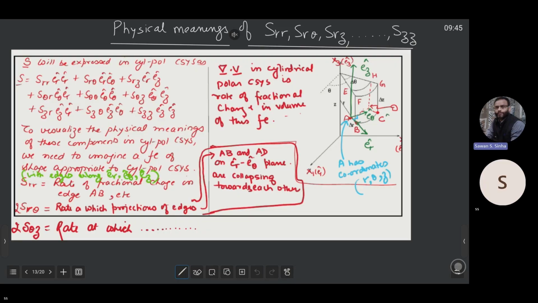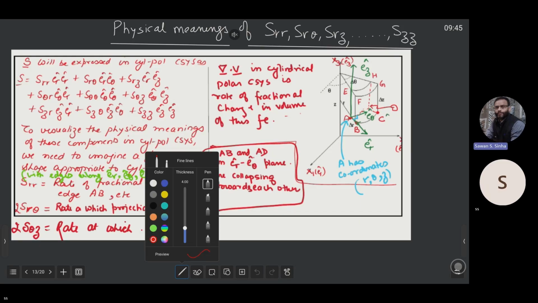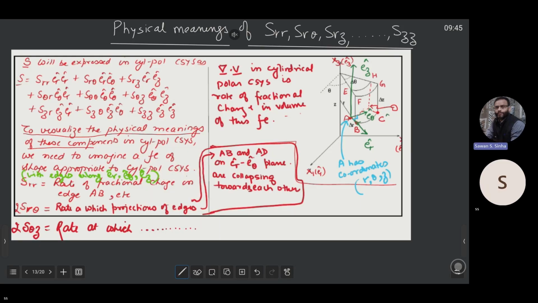Fine. Now let's talk a little bit more about the physical meanings of strain rate components now in cylindrical polar coordinate system. Now to visualize the physical meanings of these components, which components? SRR, SR theta, SRZ. In cylindrical polar coordinate system, we need to imagine a fluid element of shape appropriate to cylindrical polar coordinate system. If the working coordinate system is a Cartesian coordinate system, the shape of the fluid element that you take at time t0 is a cuboid.